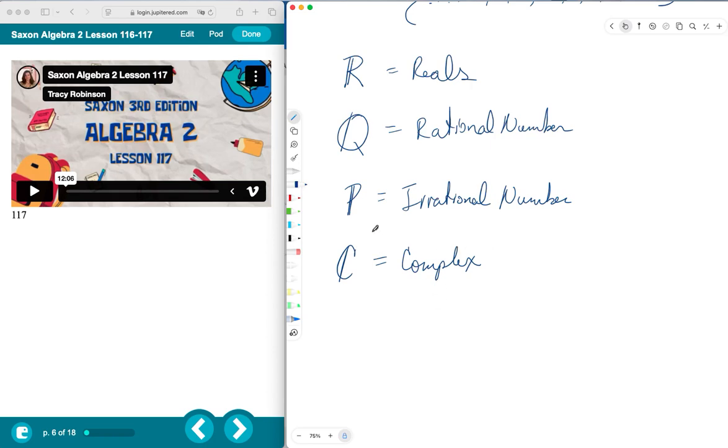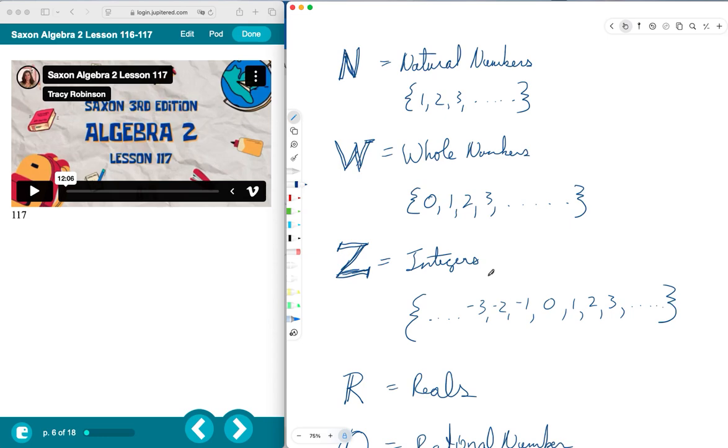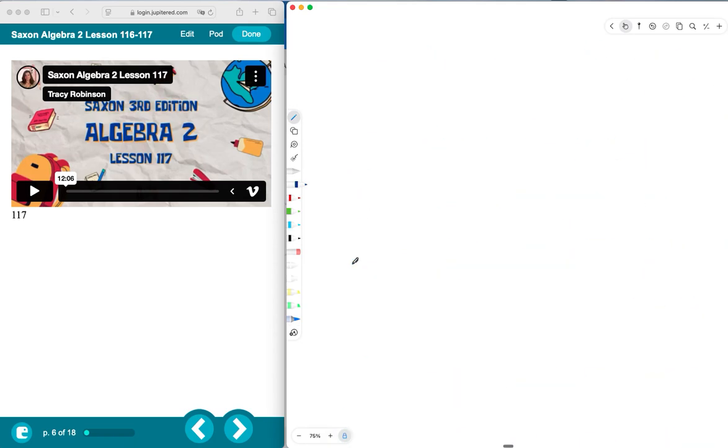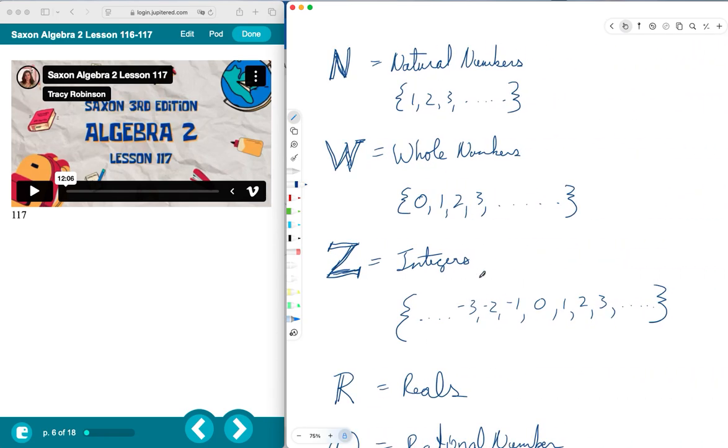So these are the ones that you're going to be looking at, the symbols in your domains when you graph. Instead of calling out the domain separately, you're going to start to see these written in the question or written in the graphing directions themselves. Let me show you what I mean.